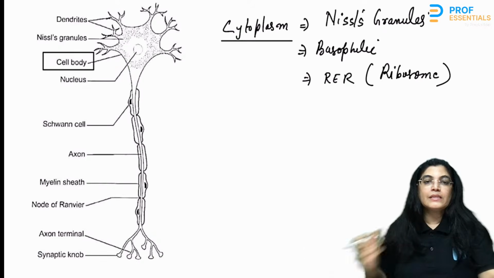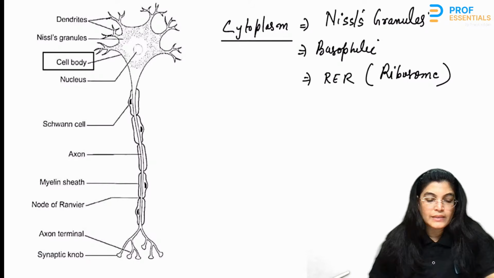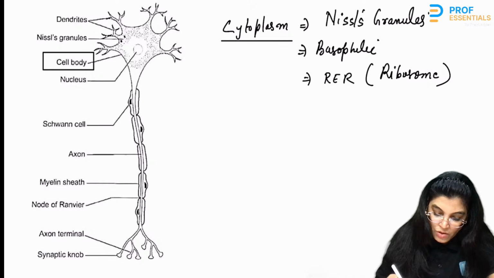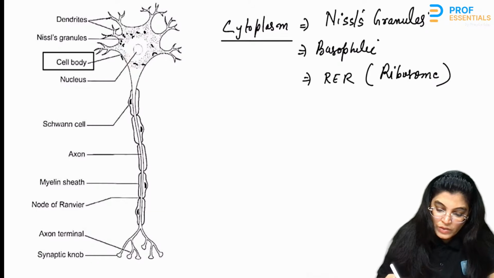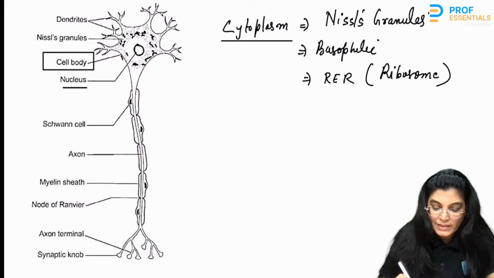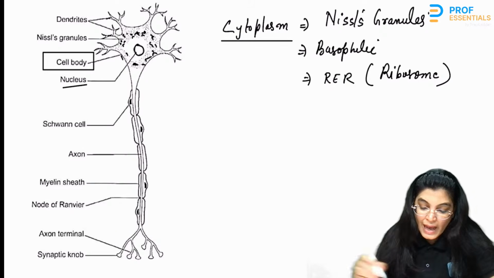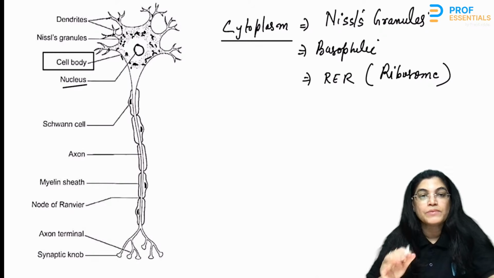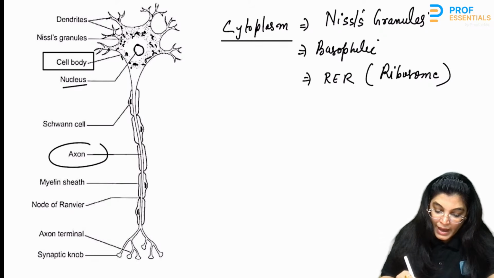One more thing I want you to appreciate: these are all Nissl granules. This is the nucleus, located in the center of the cell body, and you can see the Nissl granules extending into the dendrites, but they are absent in the axon and the axon hillock.